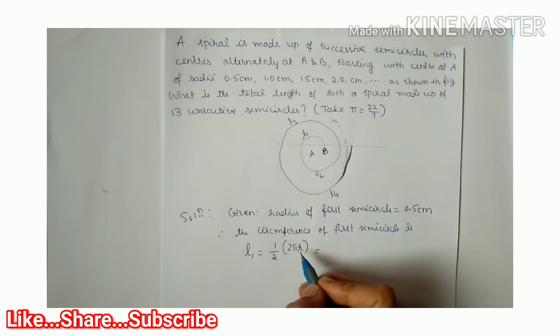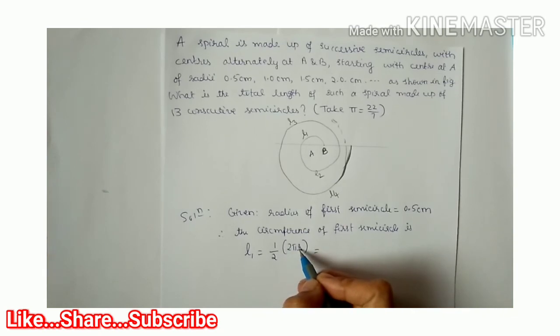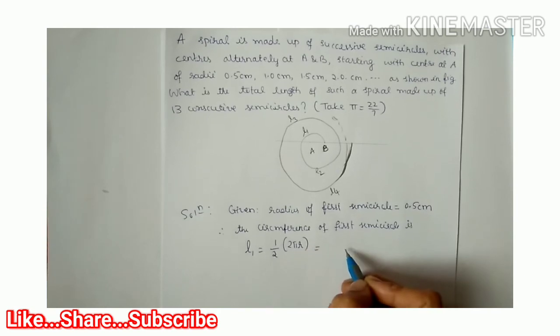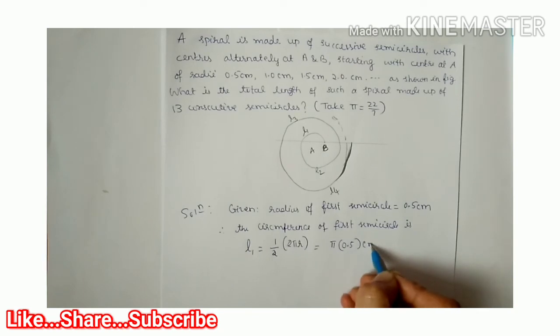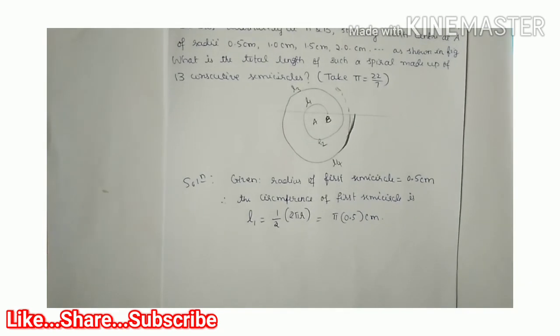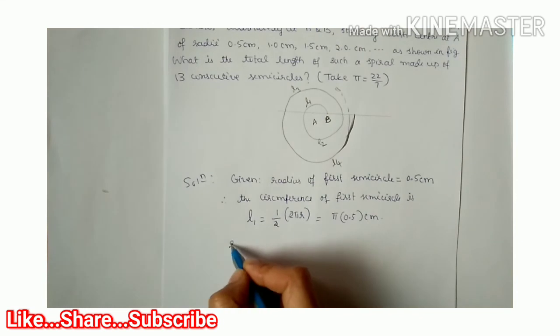Here radius we know is 0.5 cm. Therefore 0.5 pi centimeter.